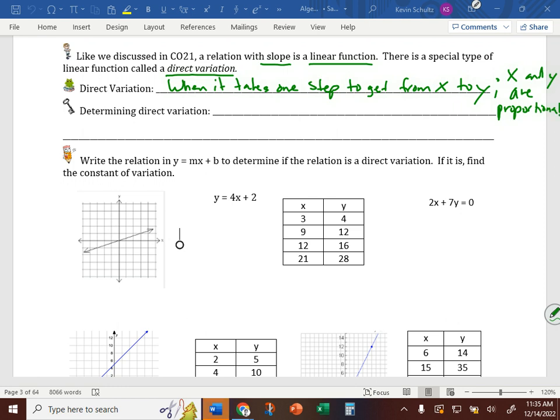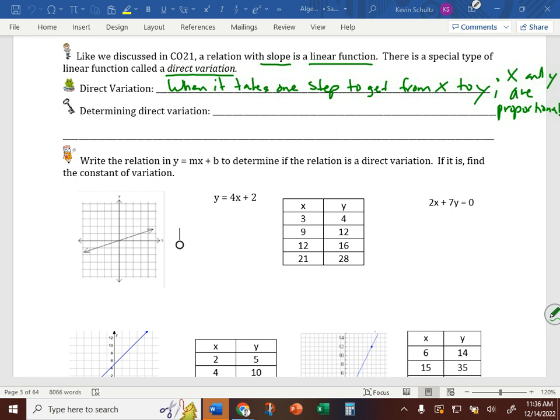It takes one step to get from X to Y. X and Y are proportional. I'll give you an example of what I mean by that in just a little bit. So when it takes one step to get from X to Y, and X and Y are proportional, there are 2 ways to define direct variation.